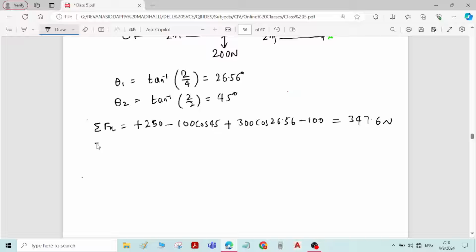Now we will find sigma Fy, sum of forces in y direction.